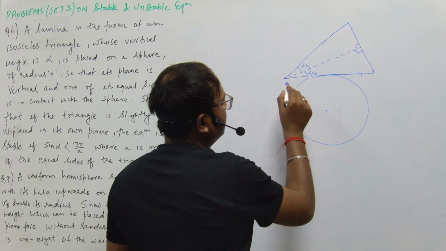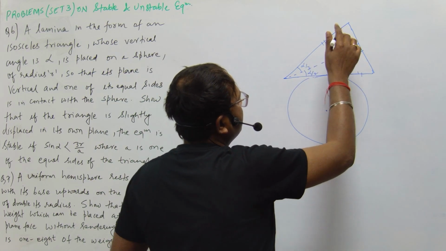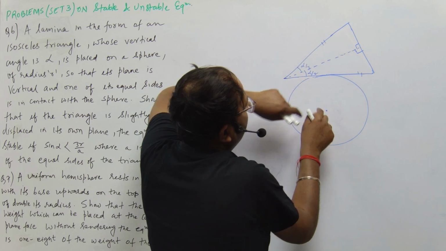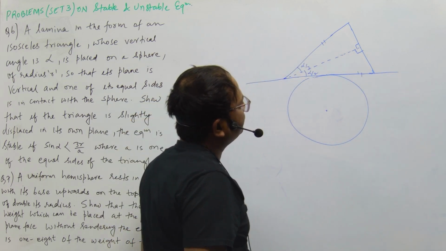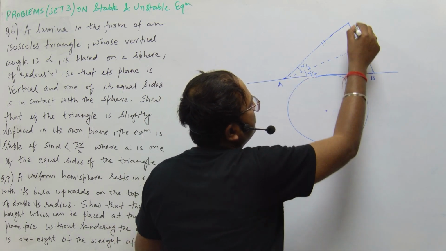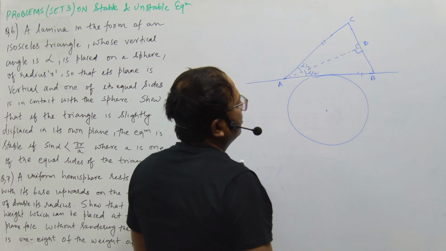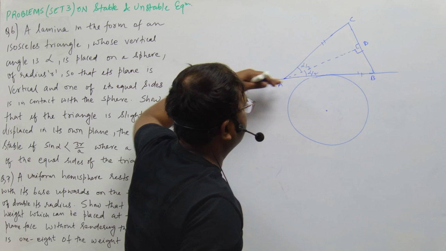Since this is a straight line, this is the upper body, this is the lower body, and this is the line of surface of contact. Let us name this: this is A, this is B, this is C, and this is D.